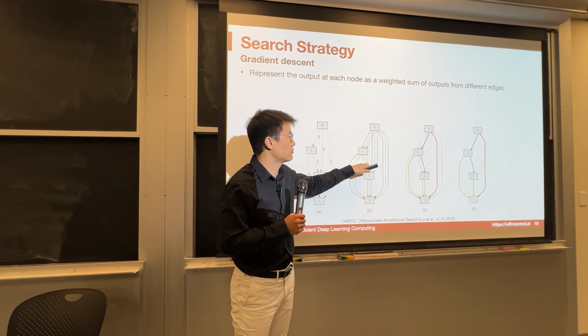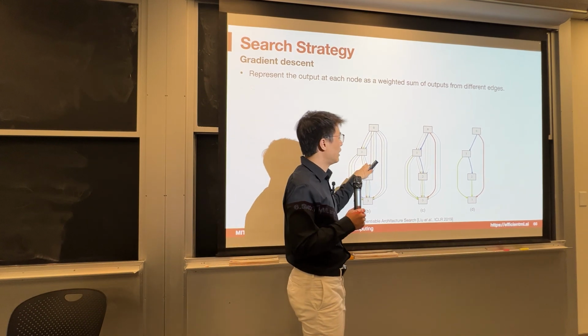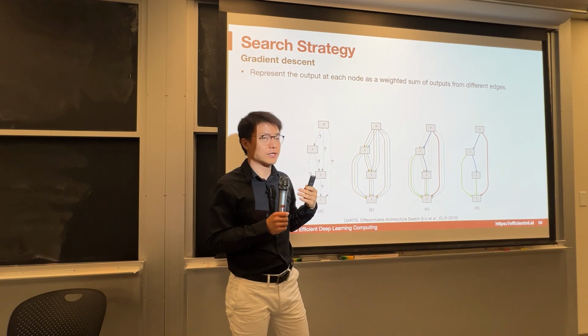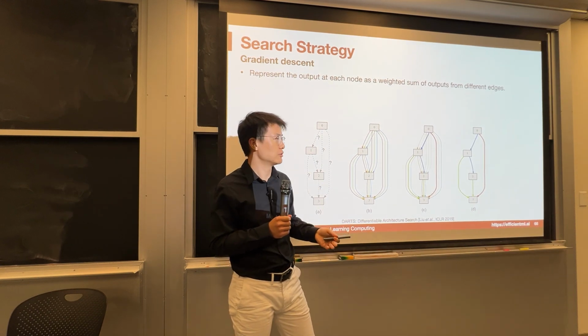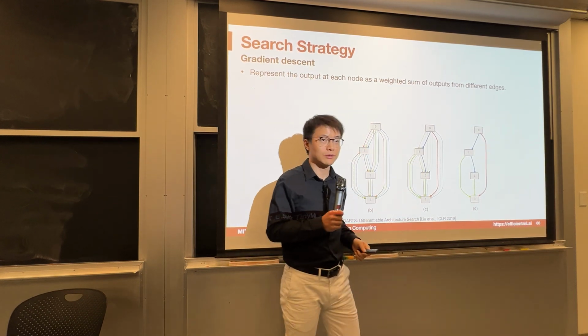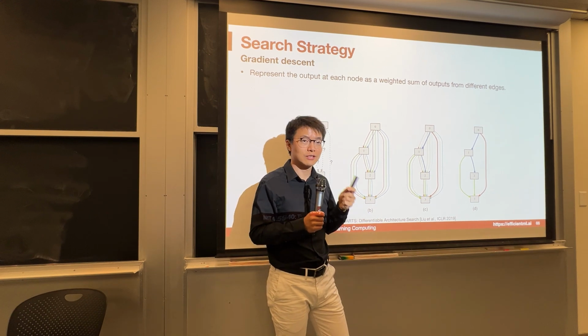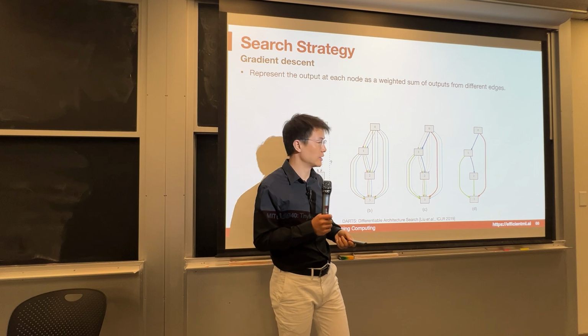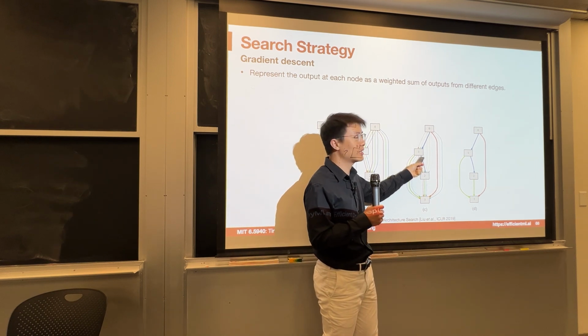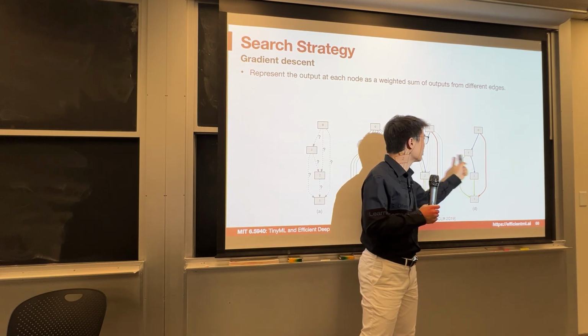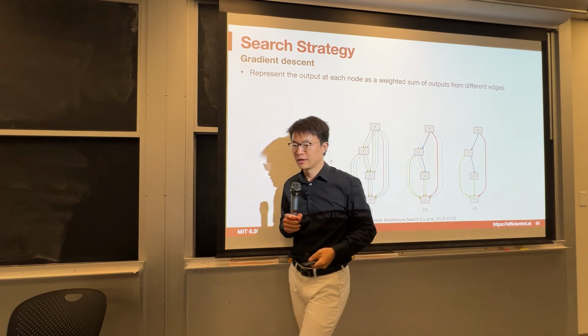We try to make this differentiable so that we can train this probability. And finally, at inference time, you choose the path that has the highest probability, for example, this thickest blue curve and thickest red curve.